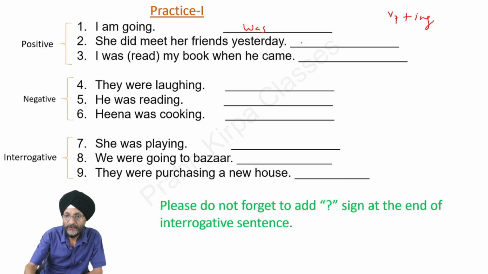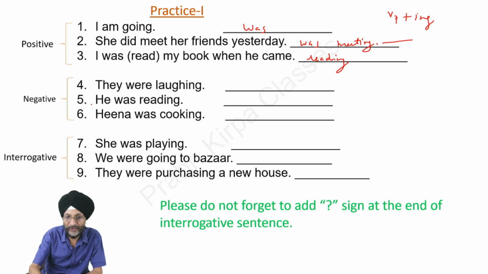"She was meeting her friends yesterday." "I was read." "Read" is the first form and we have to simply add ing. "I was reading my book when she came."